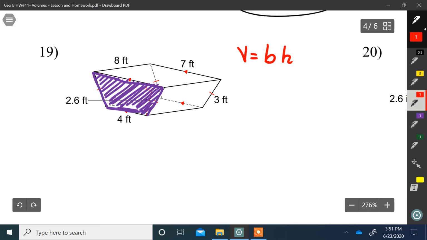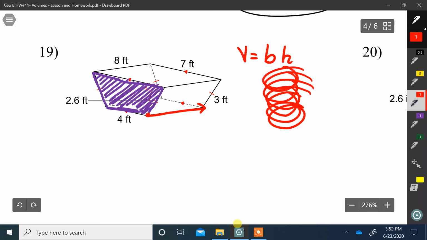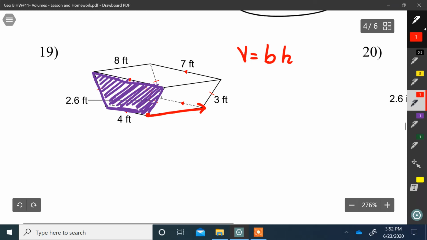When I multiply that base times the height, that's going to give me the volume. Remember, volume is like you stack. Imagine you grab the area of that trapezoid and you stack it up. Or if you have a cylinder and you put all the discs together, you form a cylinder.